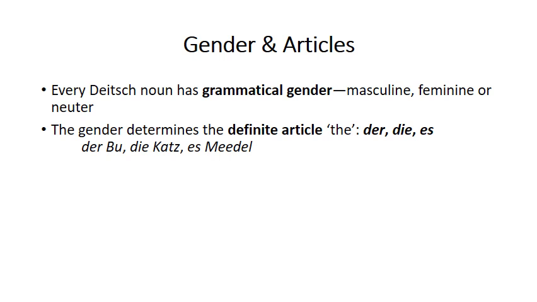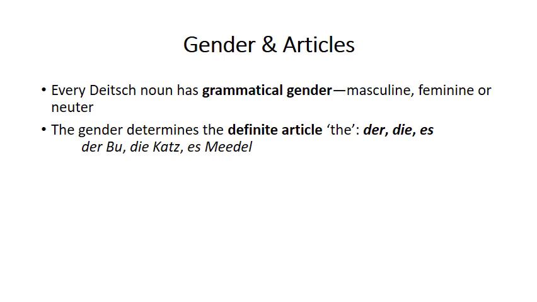So when you say the cat, you say die Katz. You use the word die rather than da because Katz is feminine, and you use the feminine definite article, die Katz.